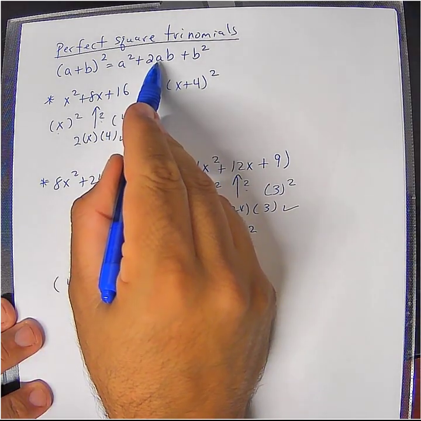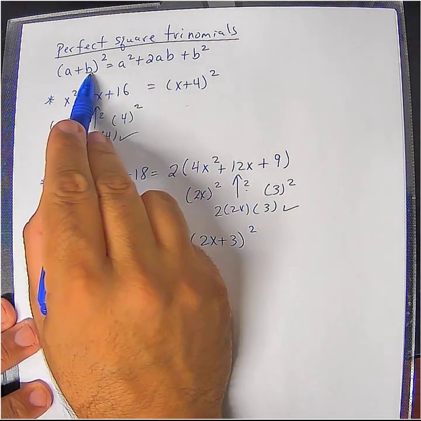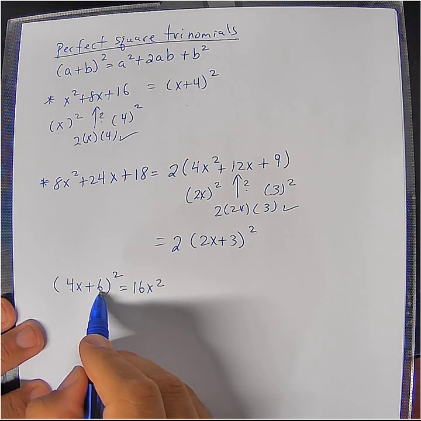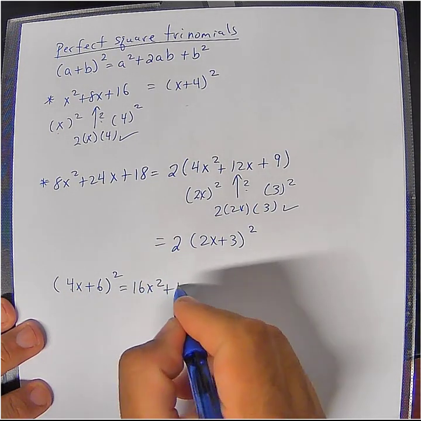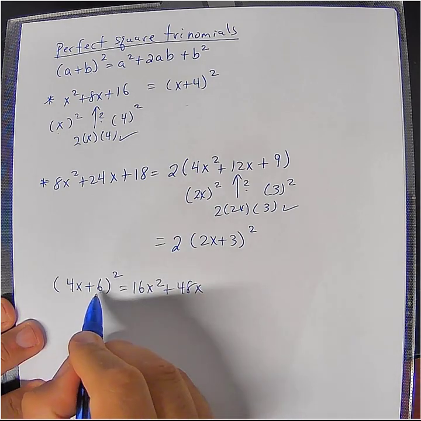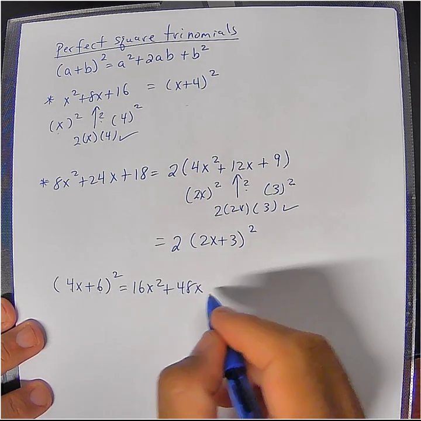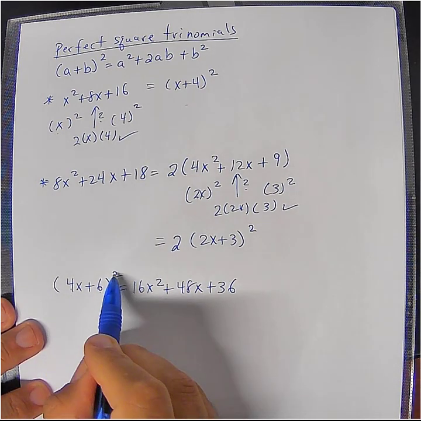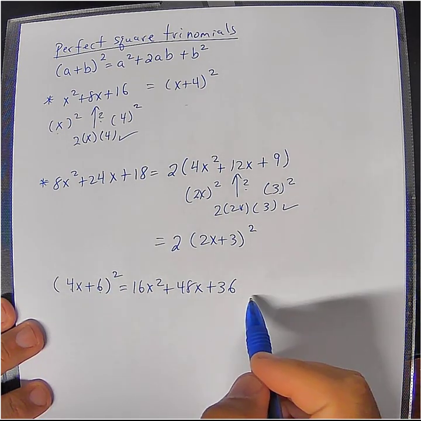Then multiply this times this, and then we're going to double it. 4 times 6 is 24, double it is 48, don't forget that x, so this is 48x. And now we're going to square the second term, 6 squared is 36. So this squared is this number.